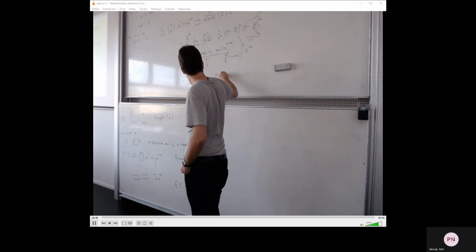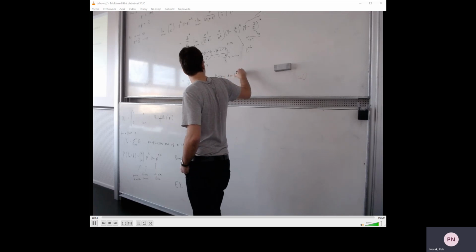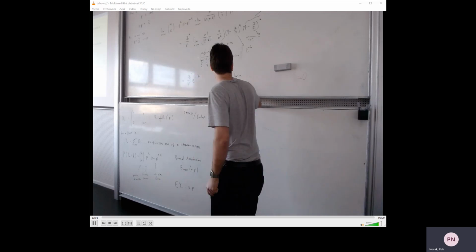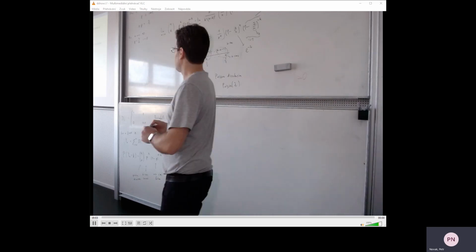This is the Poisson distribution with the parameter lambda.